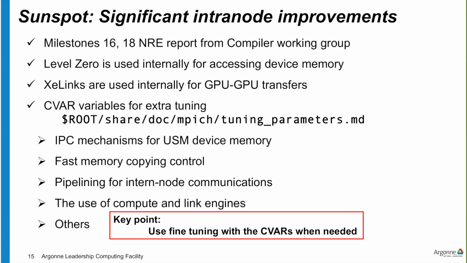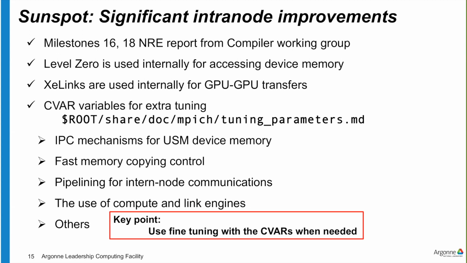There is a notion of fast memory copy control, which allows also to move data quicker. There is pipelining of internode communications, which means that the messages can be pipelined by MPI without waiting until the previous communication has been completed.